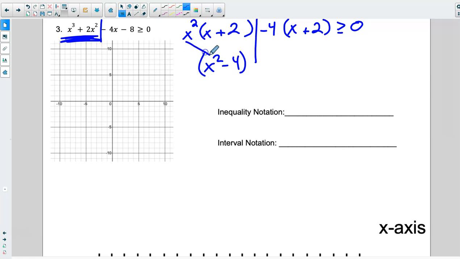So the two things on the outside go to one on the inside. And then our factor that's the same goes together. And so that is going to be x plus 2. Can I factor this again? Yeah, so this is the difference of perfect squares, and we get x plus 2, x minus 2.